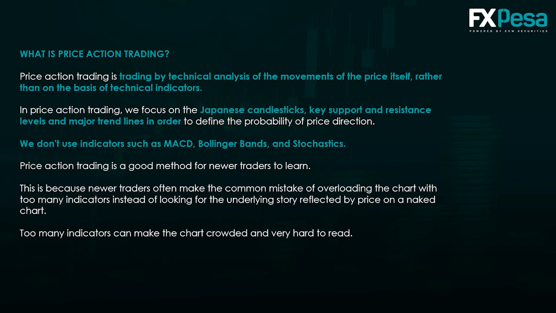So there's that challenge of having so many indicators on the market and you're not able to interpret them. So price action becomes a little bit easy for new traders. Too many indicators on the chart again makes the chart very crowded and becomes a little bit difficult to make a decision. That's why I would recommend, if you can understand the price action fast, it can work out for you, especially if you are starting.